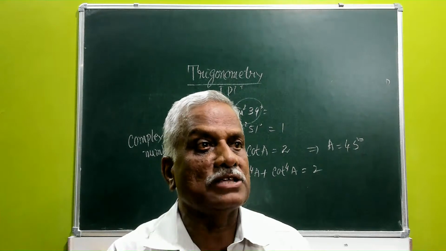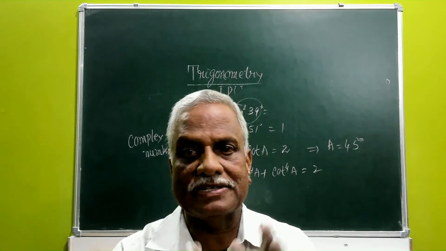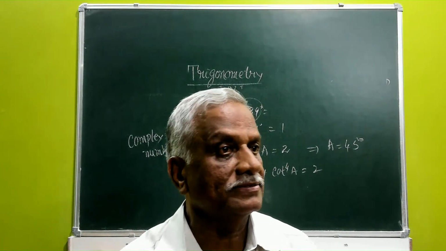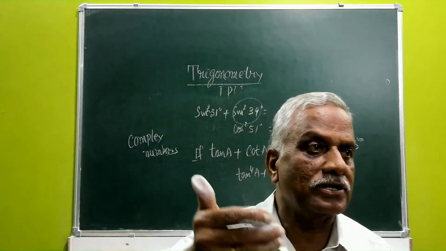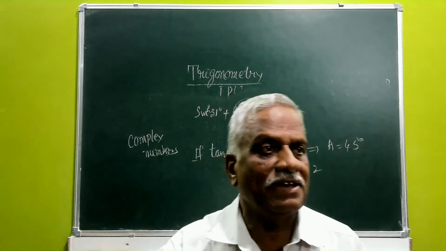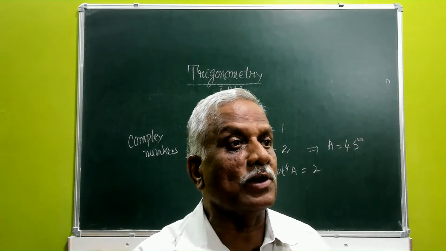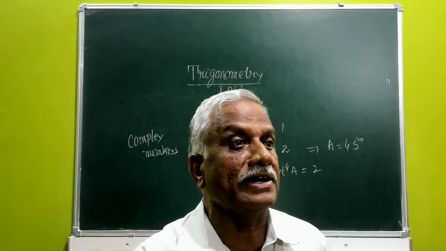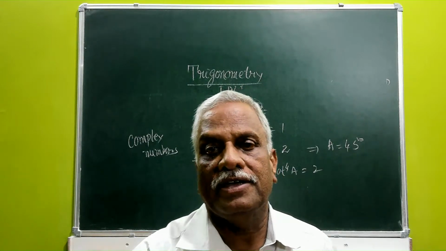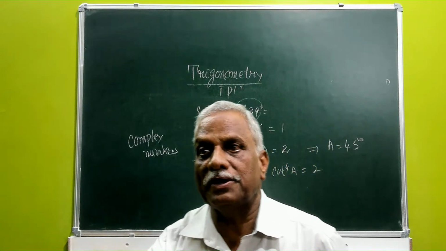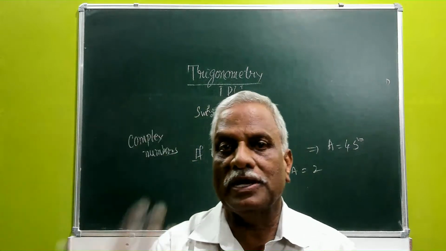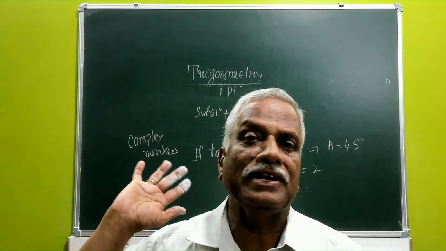So let me summarize what we have done. We have listed all the forms of trigonometry. We discussed standard angles, and I have suggested remembering only: sine 0 is 0, sine 30 is half, sine 45 is 1 by root 2, sine 60 is root 3 by 2, sine 90 is 1. You can find any other trigonometric angle.